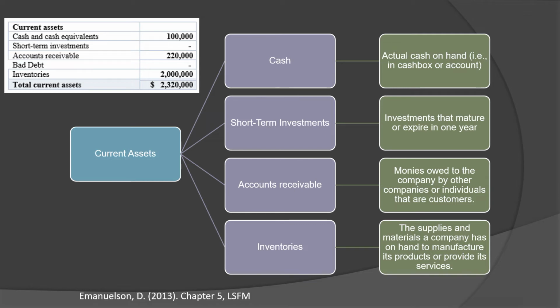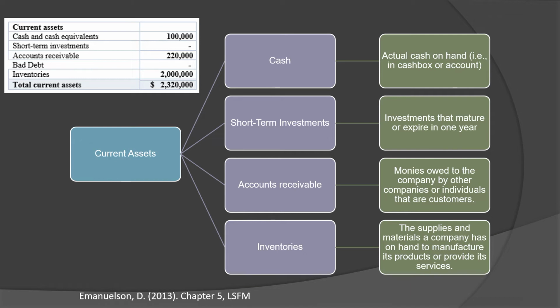Cash and cash equivalents consist of the actual cash on hand, like in your bank account or cash box. This is cash that you can get out really fast. Then we have short-term investments.